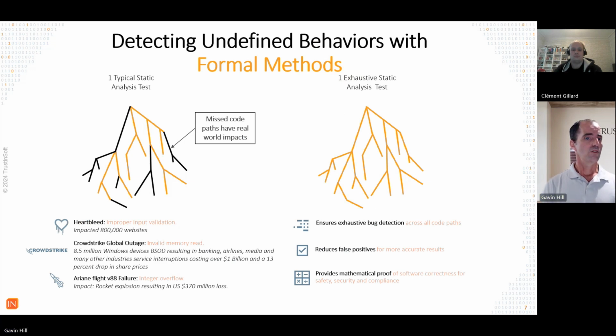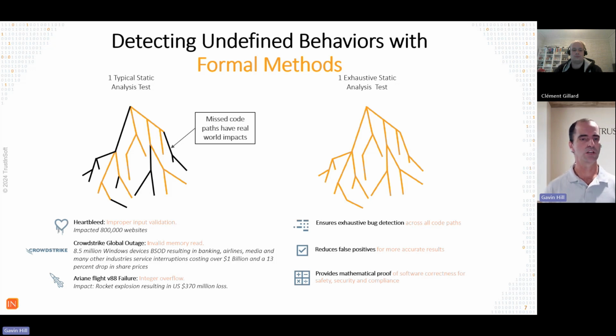If you're not familiar with formal methods and want to understand the driver behind them: typical static analysis testing misses a whole bunch of paths that you might just not have tested. Here are some common real-world examples that we've listed.